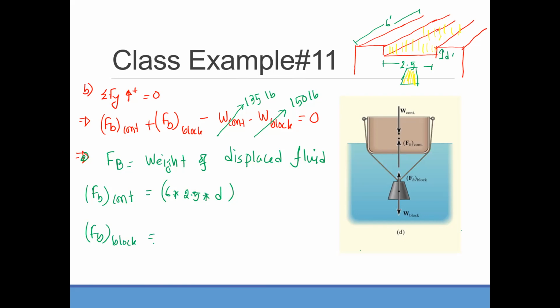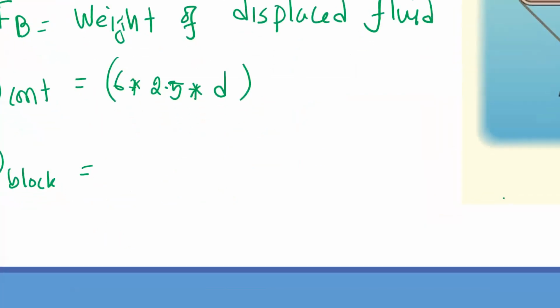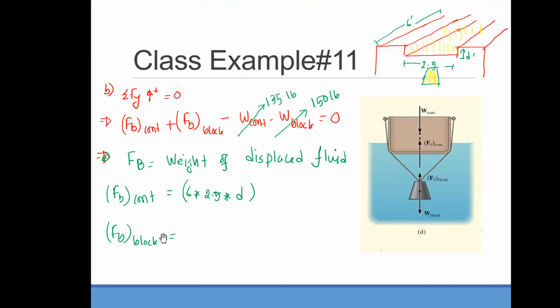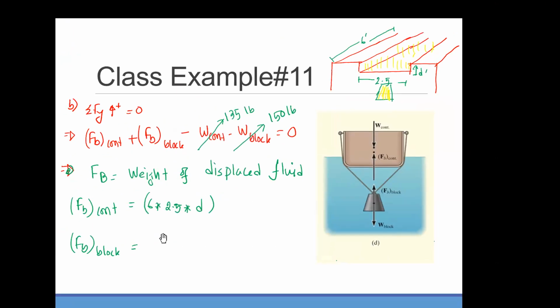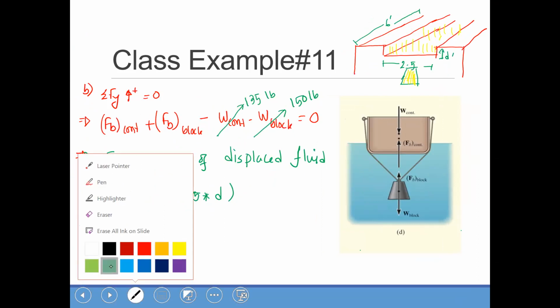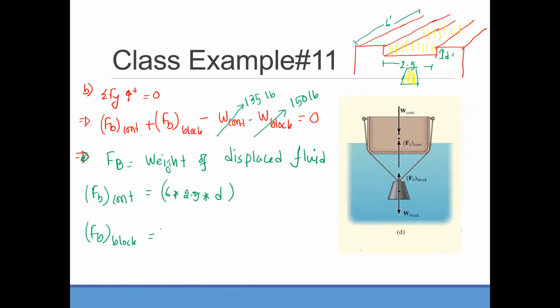Let's check if we can find the buoyant force of the block. F_B block is again gamma times volume, so gamma of fluid multiplied with volume of object.